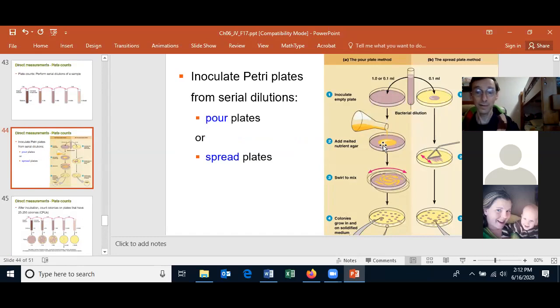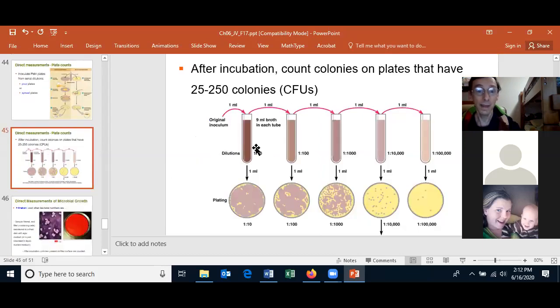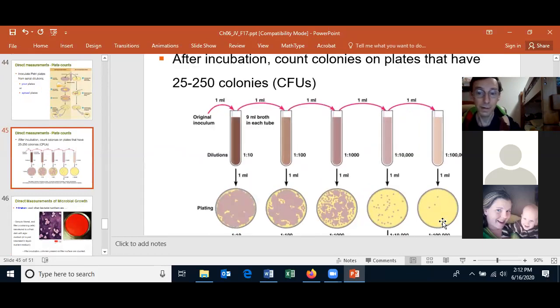This one you're just using gravity to spread it out, but you could spread it out also with a spreader, and then you incubate it and allow the plates to grow. Any question about that? So they usually grow for at least 24 hours. And then we have our different dilutions, and you note that only some of them have countable colonies, where you can count this amount and you can count that amount. This one, there's too many cells to count.